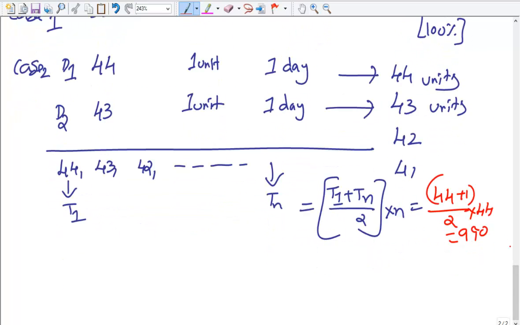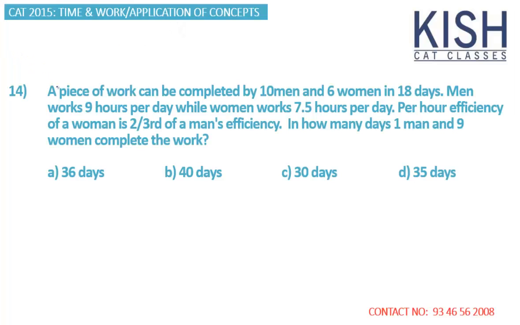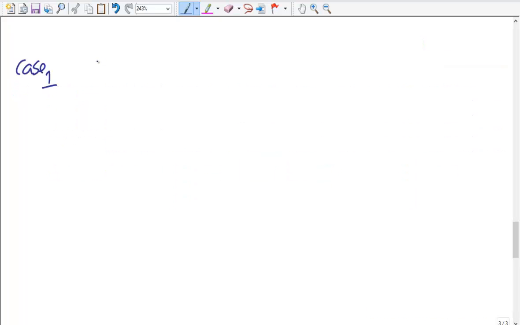What is clearly given, as per this frame, in case 1, is 10 men plus 6 women. A man works for 9 hours. A woman works for 7.5 hours.